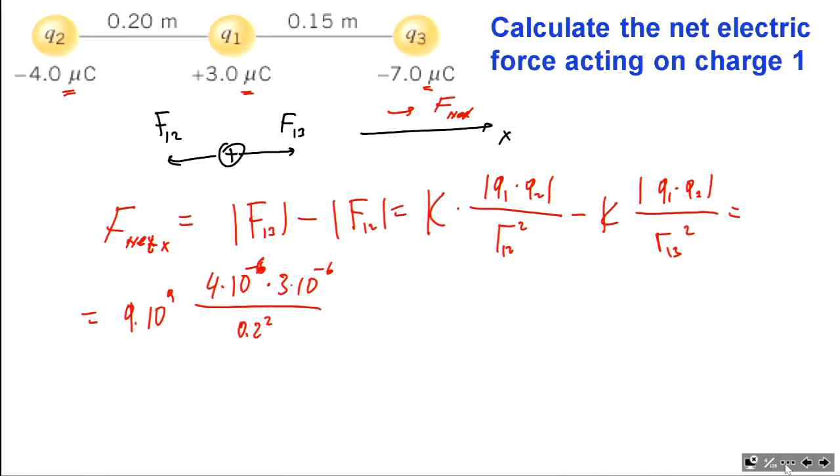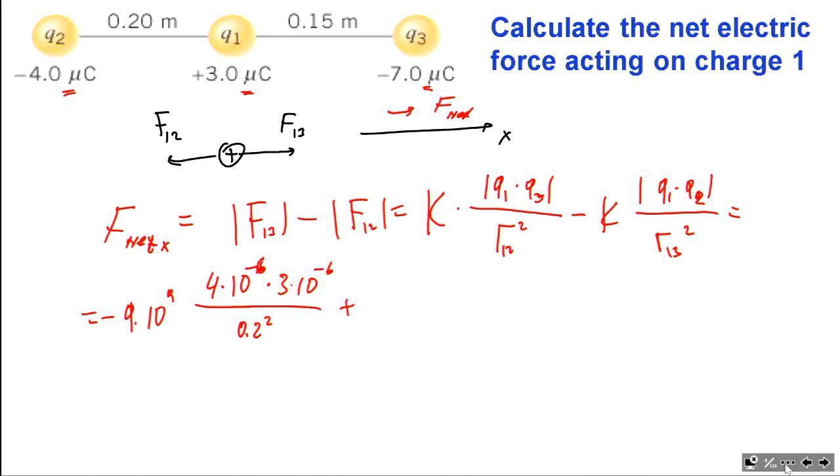And now, what did I do? Q1, Q2. What did I do? That's supposed to be 3, that's supposed to be 2. No one said anything. Do you really pay attention? So this is supposed to be negative, because it's a force which attracts the first charge toward the second charge.